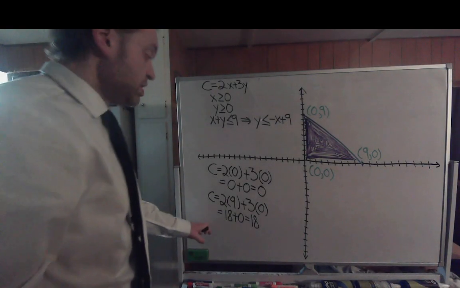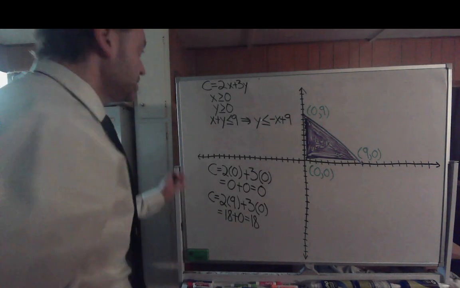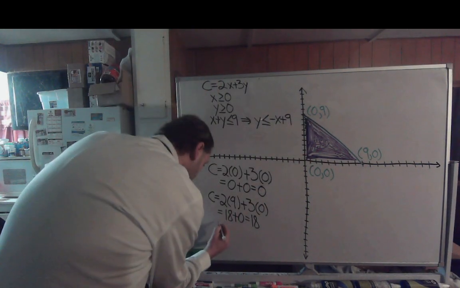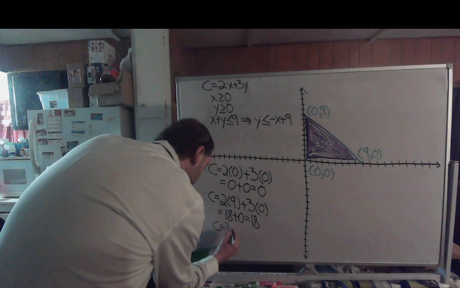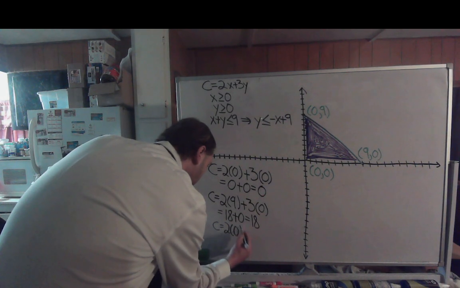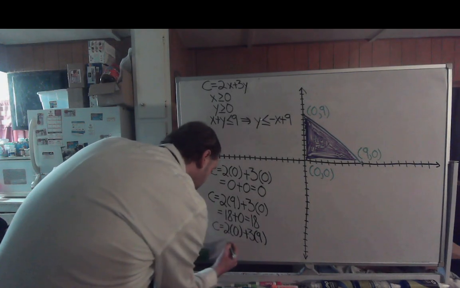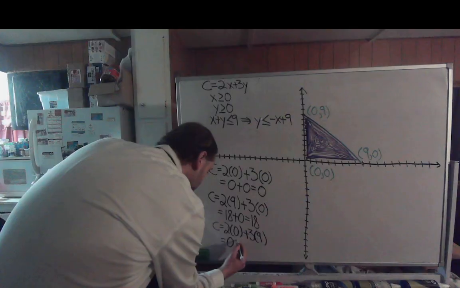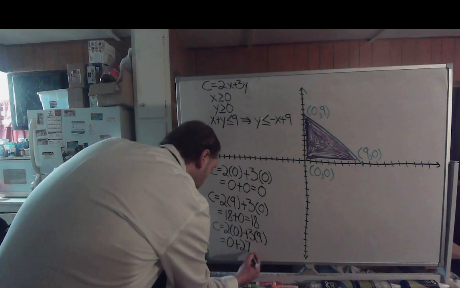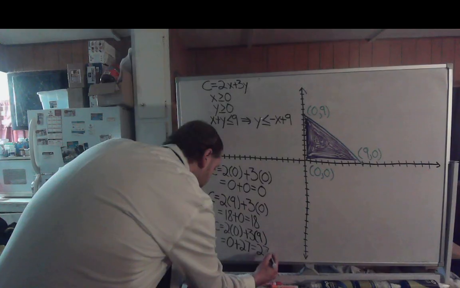And then go ahead and also put in your coordinate of (0, 9). So c would equal 2 times that x coordinate of 0 plus 3 times that y coordinate of 9, which would give you 0 plus 27, which would give you 27.